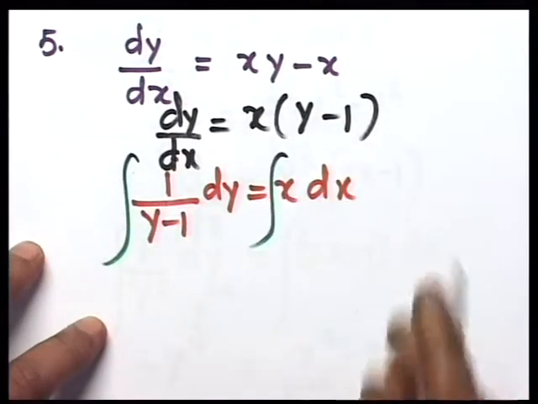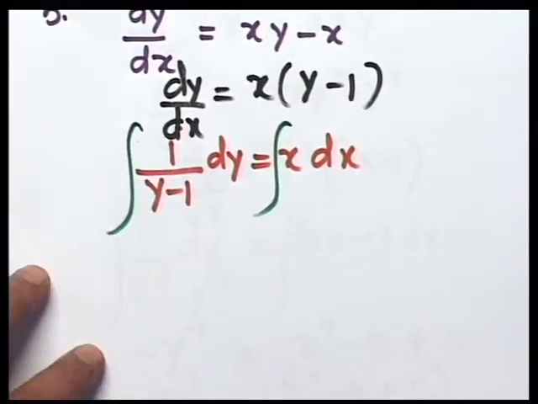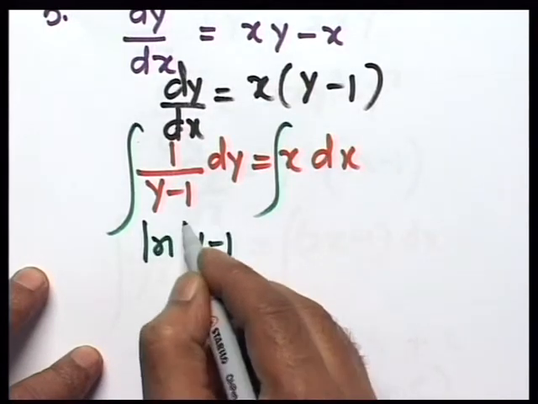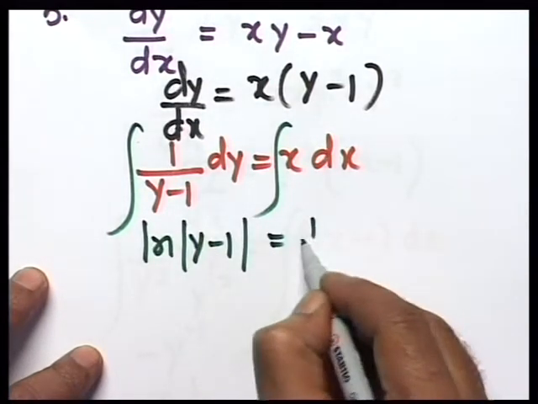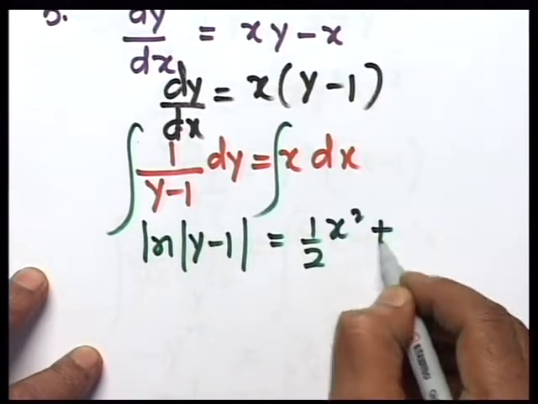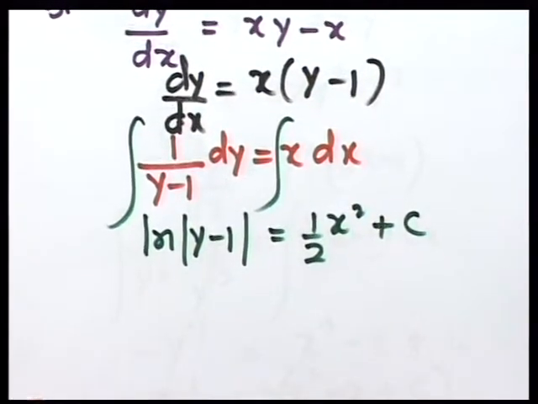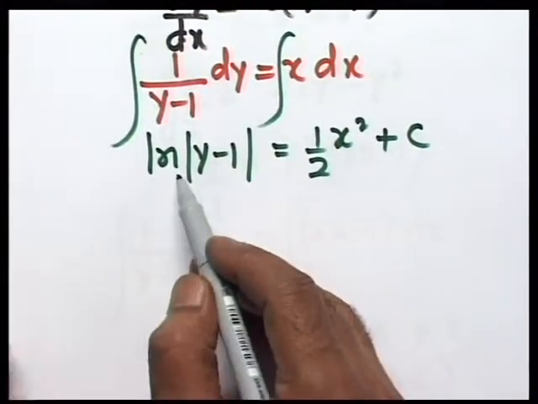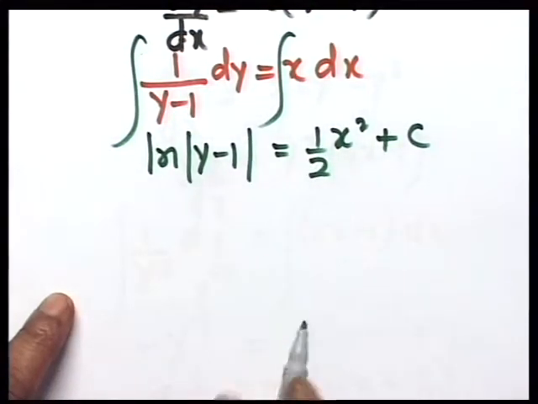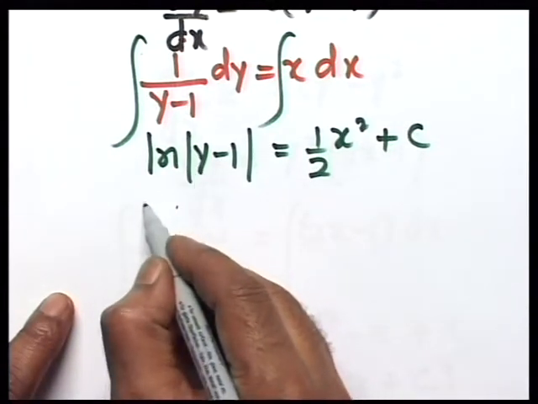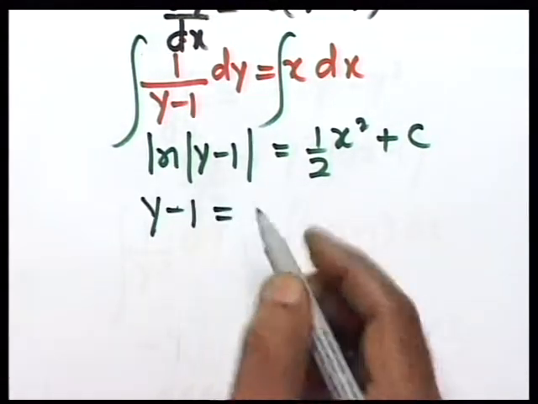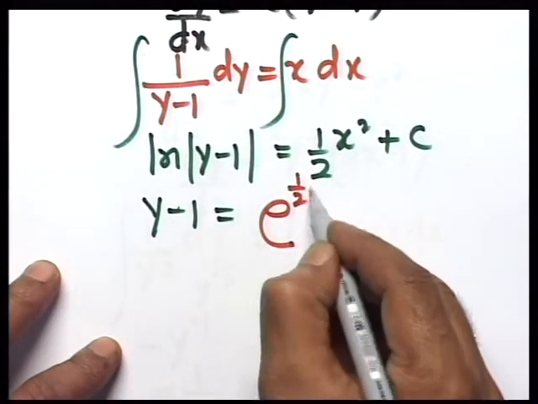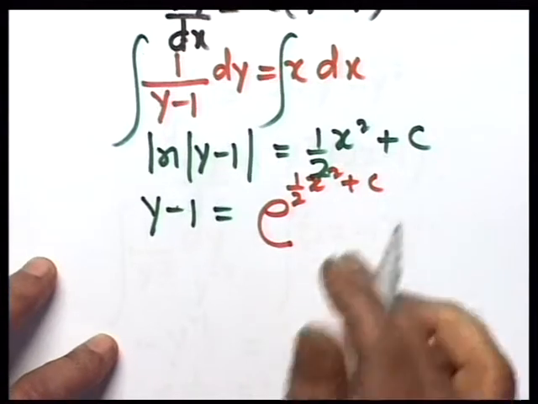Integration on both sides. 1 over y minus 1 gives natural log of modulus y minus 1 equals half x square plus c. Once again, please listen, make y the subject unless the examiner asks you to leave it in this fashion. So y minus 1 is equal to e to the power half x square plus c.